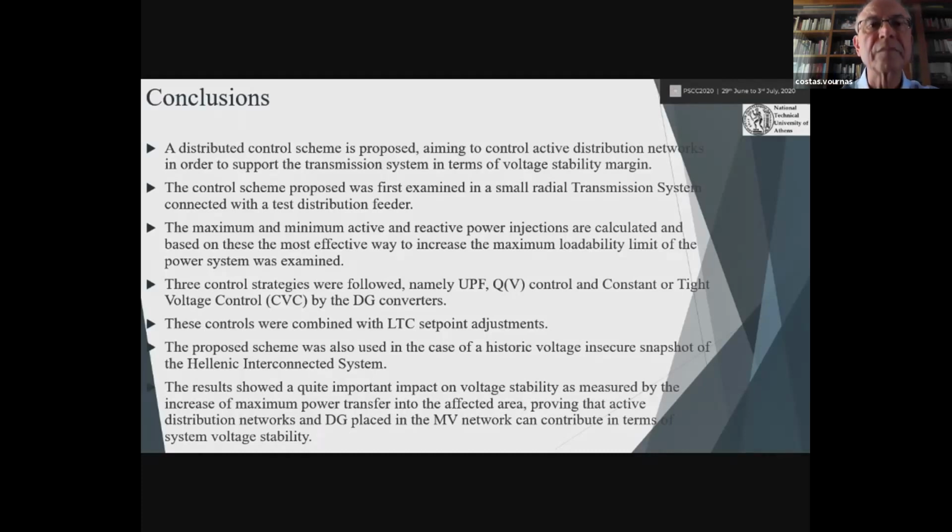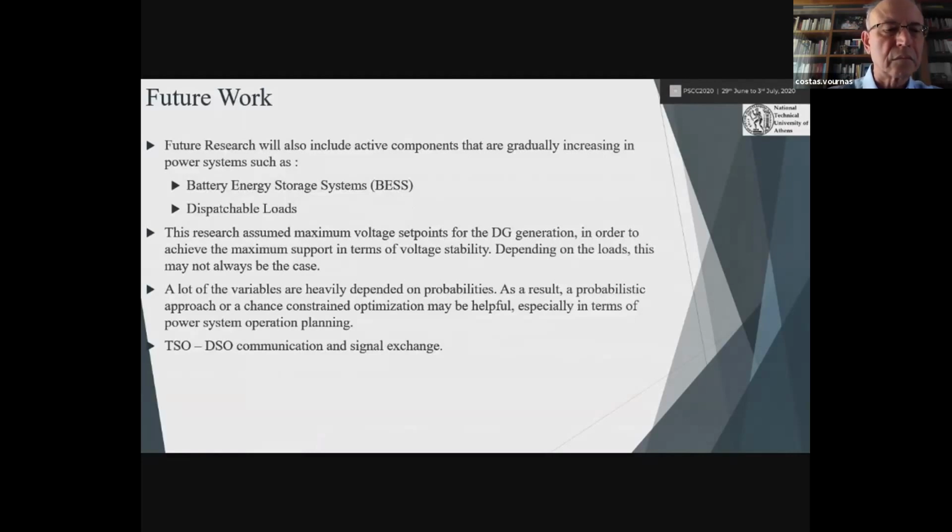I think there is a lot of possible future work in that area. That could include more information about storage systems, dispatchable loads, the general optimization, including active distribution networks, maybe some probabilistic approach, considering that many of the variables, like distributed generation, are highly based on probability.